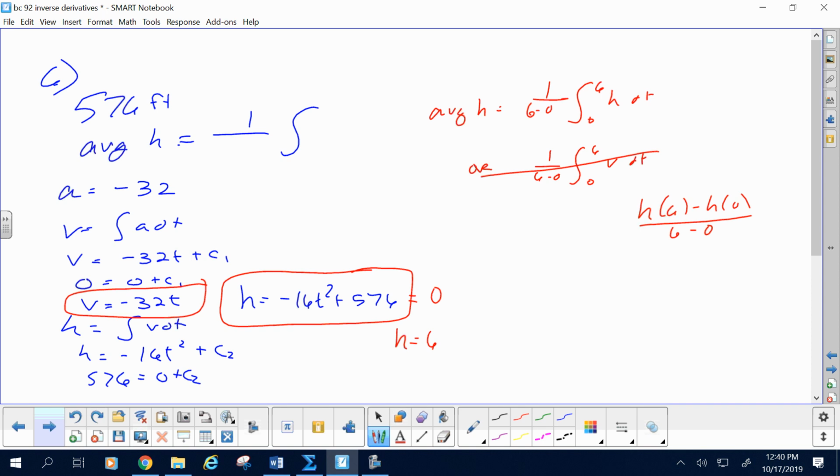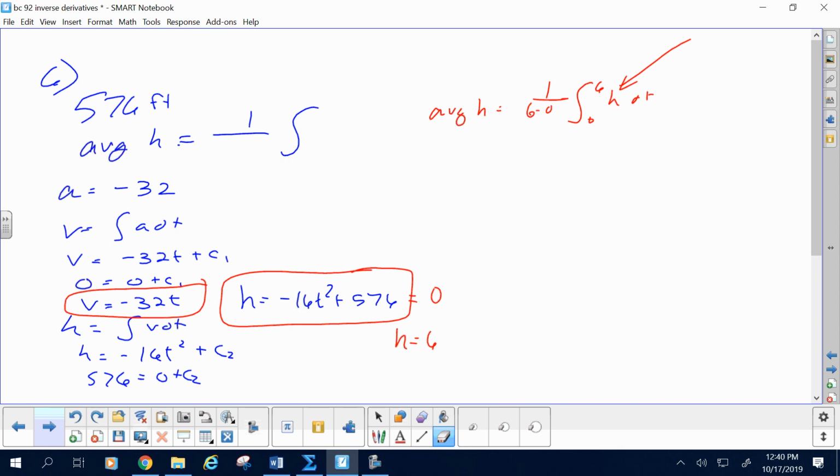That's average velocity. Go figure. You found the average value of velocity. That's what you just found. So if you want the average height, then height is in the integral, not velocity. Integrate from 0 to 6, negative 16t squared plus 576.